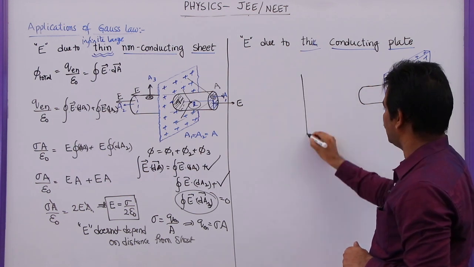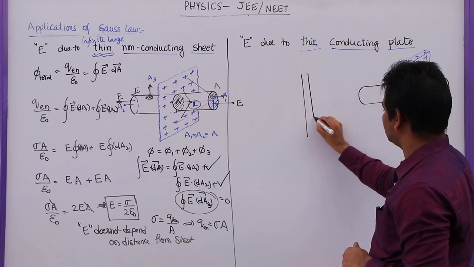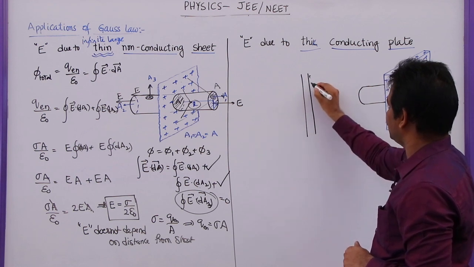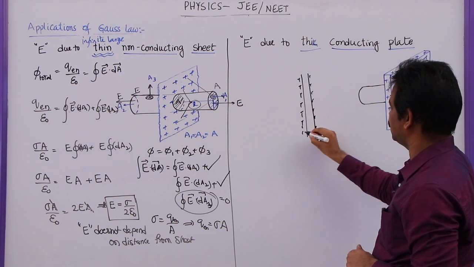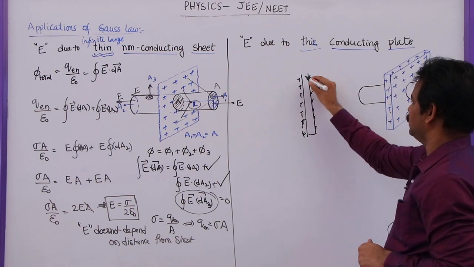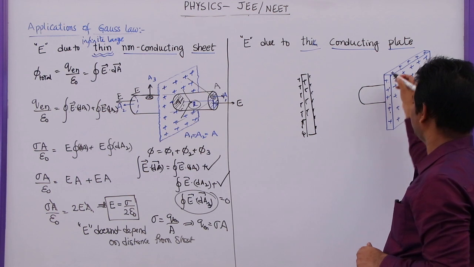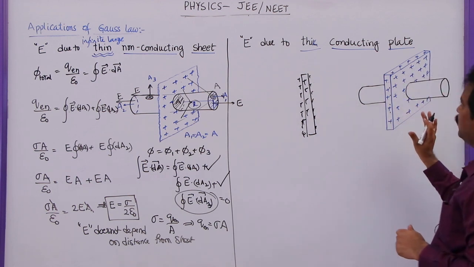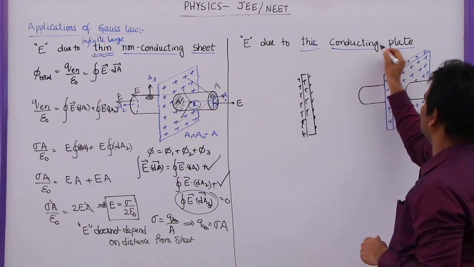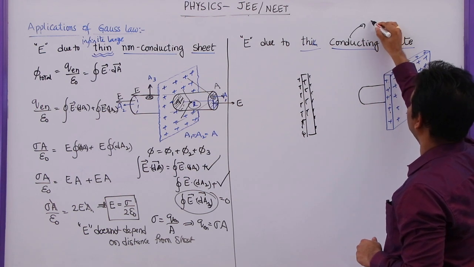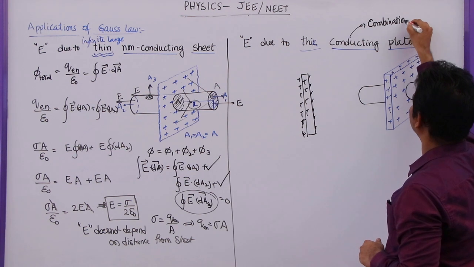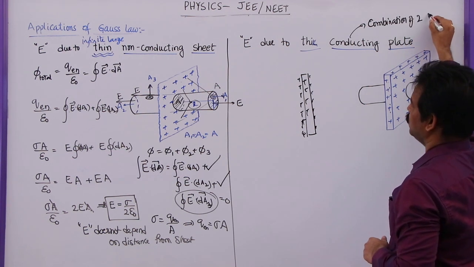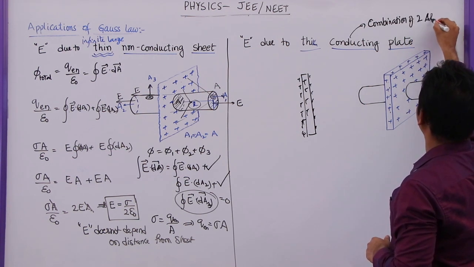So this is a combination of two non-conducting sheets with the charges almost on the surface because the thickness is very small, like this. But here the charge will spread on this side also. So a thick conducting plate can be considered as a combination of two non-conducting sheets.